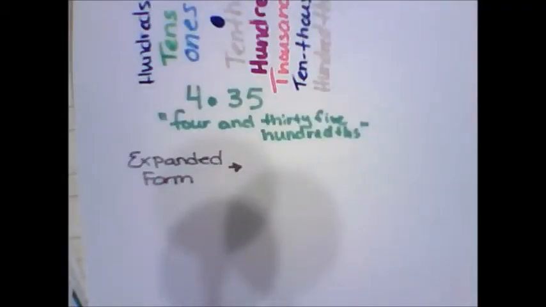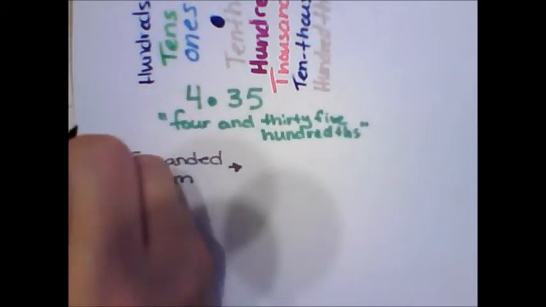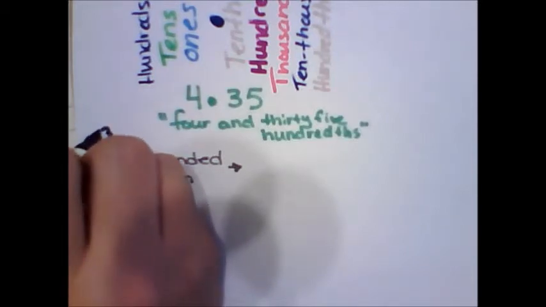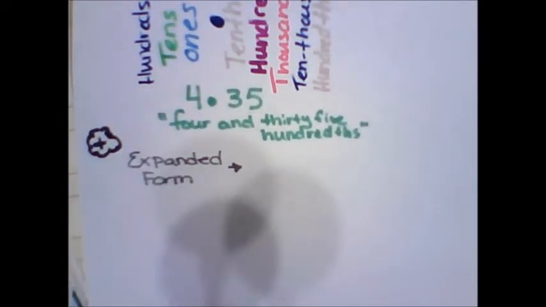So the term that I talked about at the very beginning of this video, expanded form, is a sum that shows the place and value of each digit of a number. So we know that the word sum means an answer to an addition problem. So let's put that in our notes. We're going to be thinking of addition.